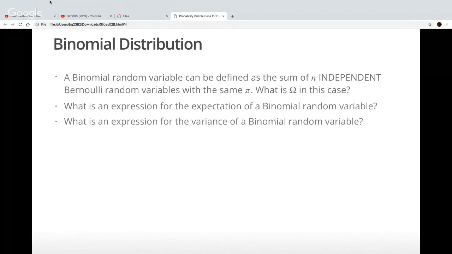And then what is the expression for the variance of a binomial random variable? Utilizing another result that we came to on Tuesday pertaining to the variance of a sum. Yes. And how did you come to that conclusion?